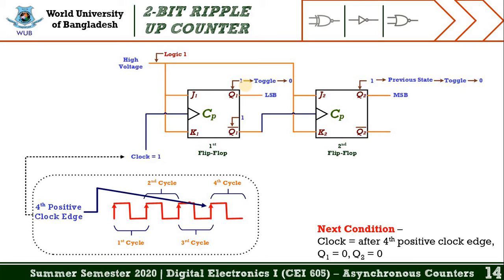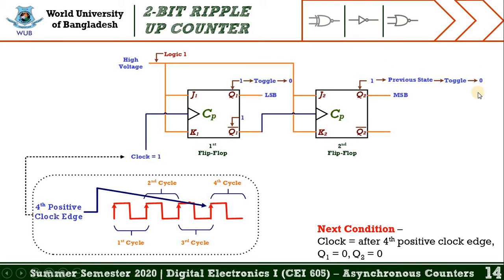And if we take the complement of this value, then we got 1. Since the complement of this output is 1, the second flip-flop is activated or triggered, and we found the value of the first output of the second flip-flop is 0, because the previous state value is 1.